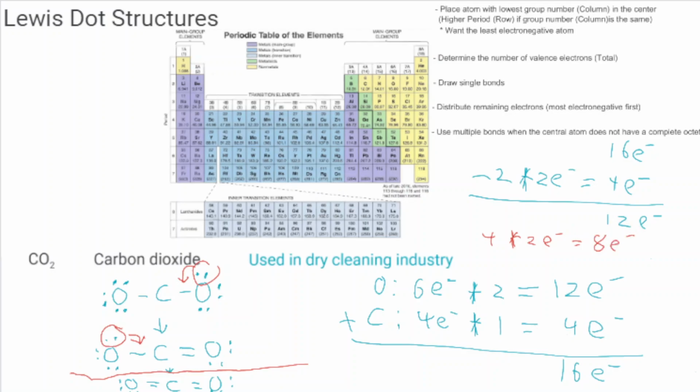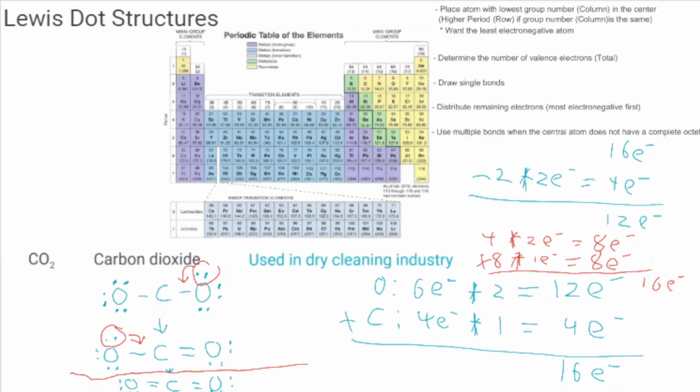And then we have 4 dots on this oxygen, 4 dots on the other oxygen for a total of 8 dots at 1 electron each, giving us a total of 8 electrons. We add that together and we get 16 electrons. So now we have 16 electrons that are being used, and we start off with 16 valence electrons, so all that works out.